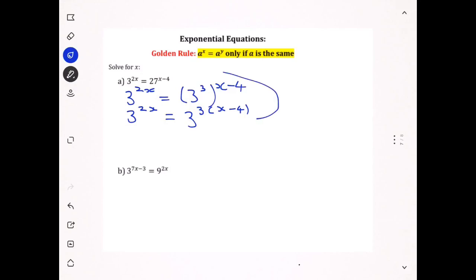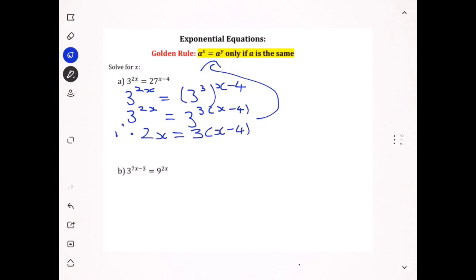So we kind of drop the bases and we make the exponents equal. So we can put therefore, and we just make the exponents equal. 2x equals the other exponent, 3x minus 4.